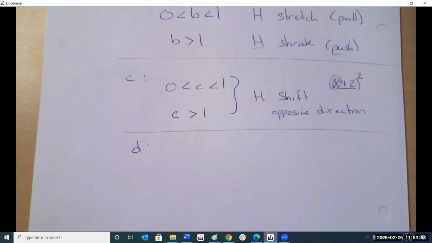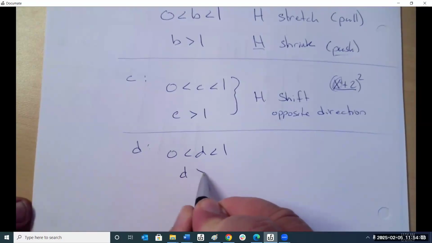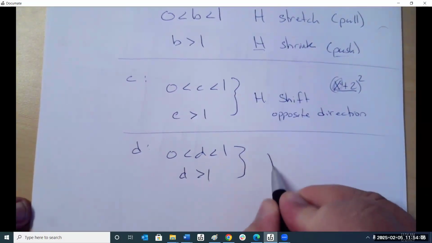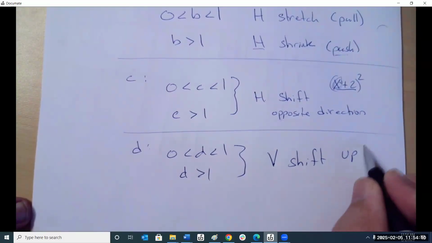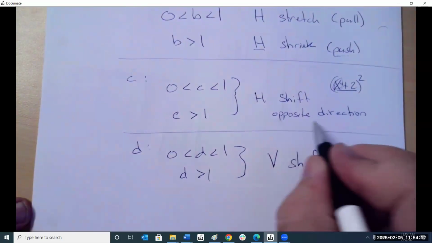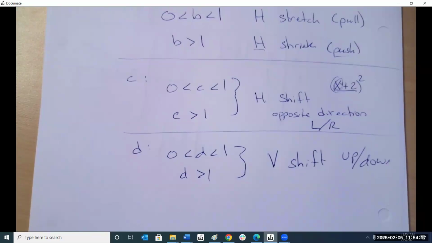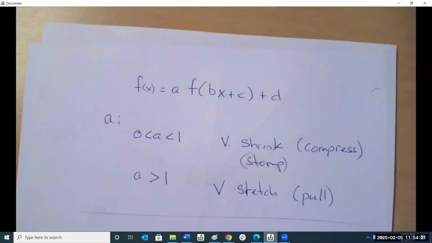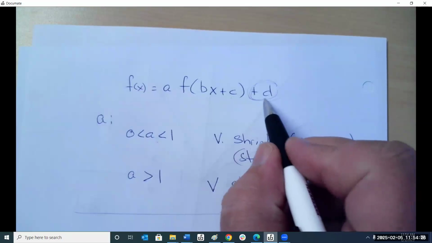D doesn't matter if it's a fraction or an integer. What happens with it? It's a vertical shift. Why is it a vertical shift? Up or down? This one is left or right. Why is it a vertical shift? It's outside.